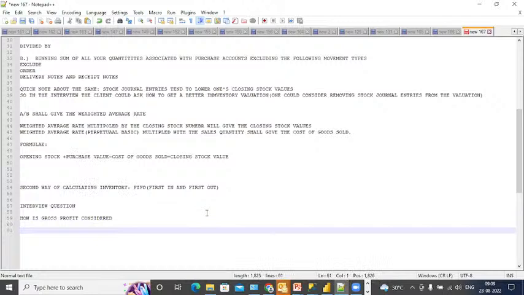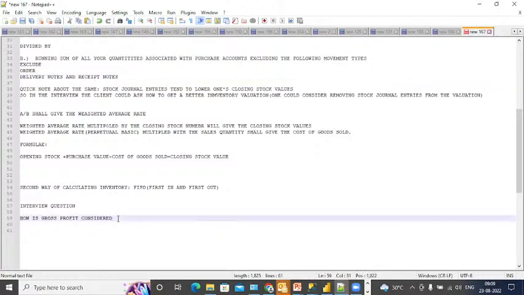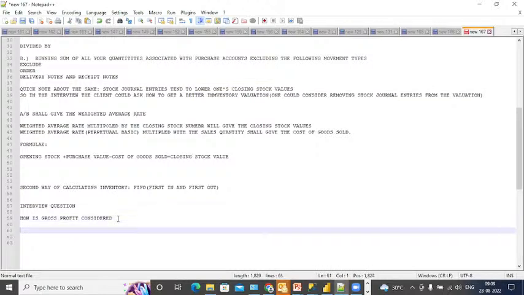So basically, we have already answered these questions that you can exclude orders and delivery notes and receipt notes. In case you want to include delivery notes and receipt notes and stock journal, then that is also possible. So you can get that and then you can take it out. Now gross profit ratio is gross profit value divided by sales.